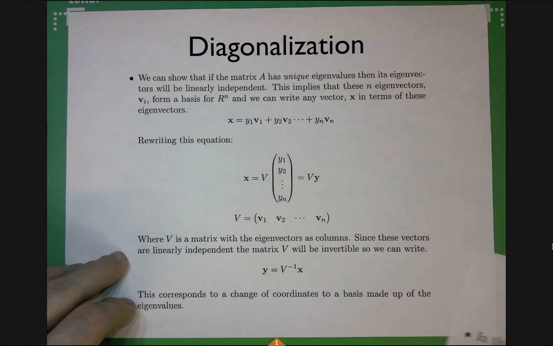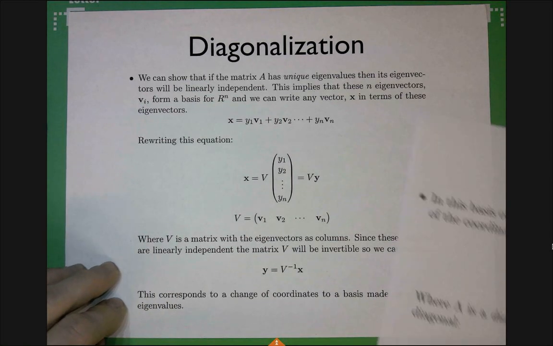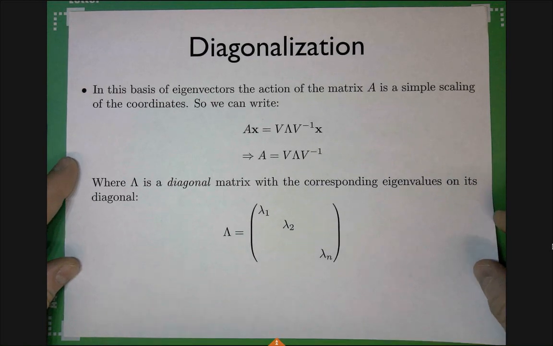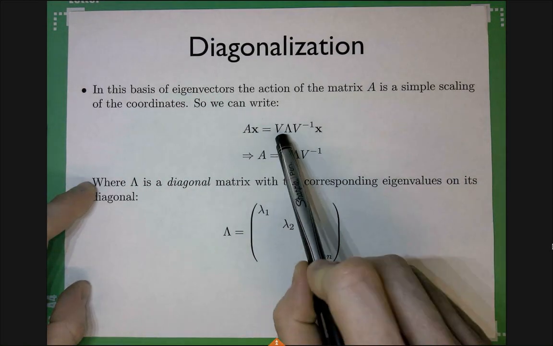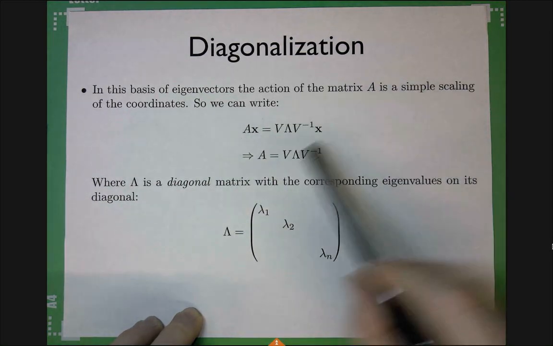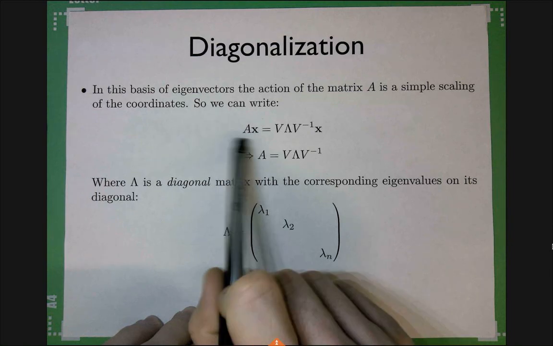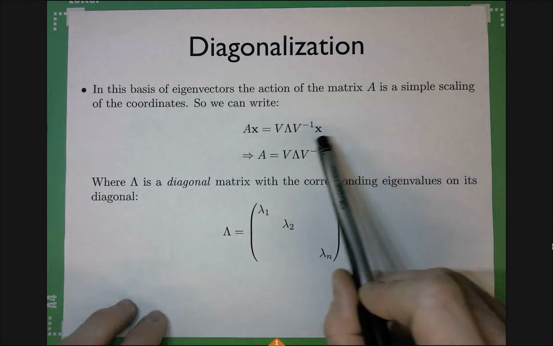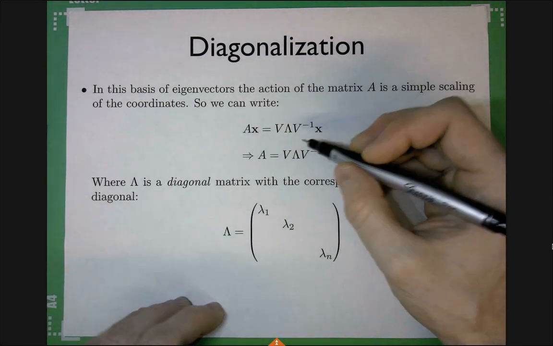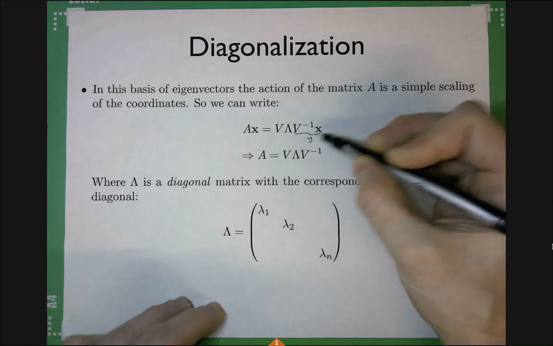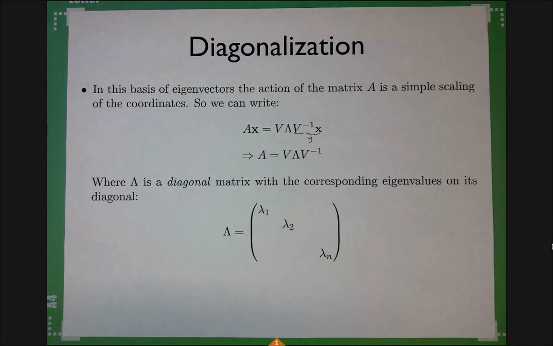So you can see that in this basis given by the matrix V, given by the eigenvectors, the action of the matrix is simply scaling of the coordinates. So I can write it in this form. V inverse x, that's what we were previously saying, was y, right?